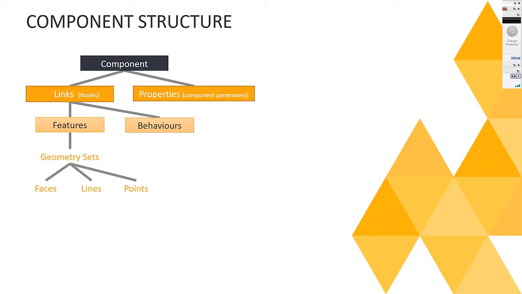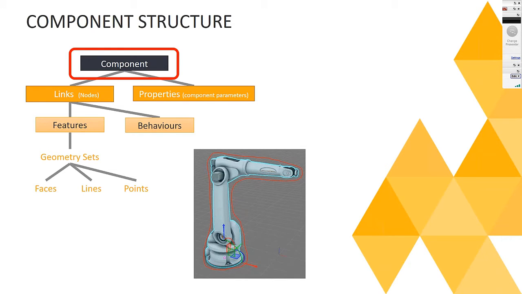Then again, each feature can have its own geometry sets, which can include faces, lines, points, also text, frames and things like that. We will see these more in detail soon. So if you think about, for example, a robot component in Visual Components, the whole robot is one component.